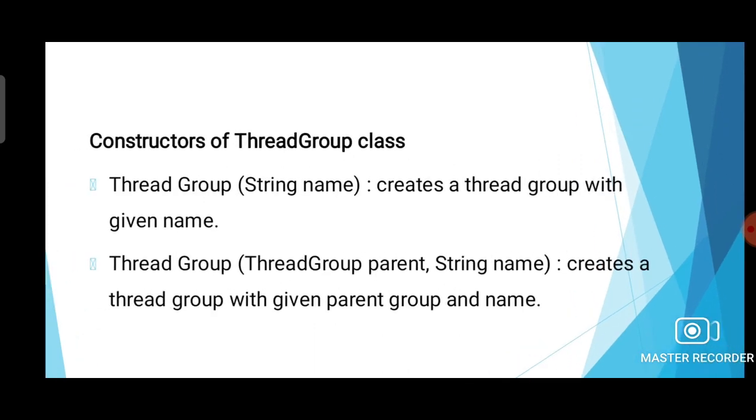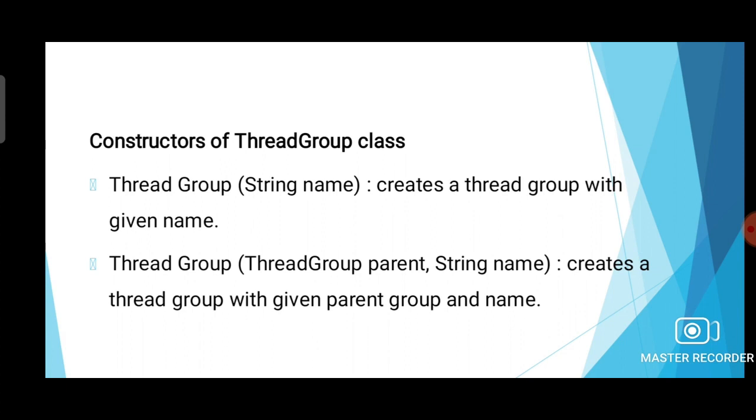To create the thread group, we have one built-in class, ThreadGroup. The class has some constructors. The first constructor is used to create the thread group with the given name, so we can give the name of the thread group as the parameter.